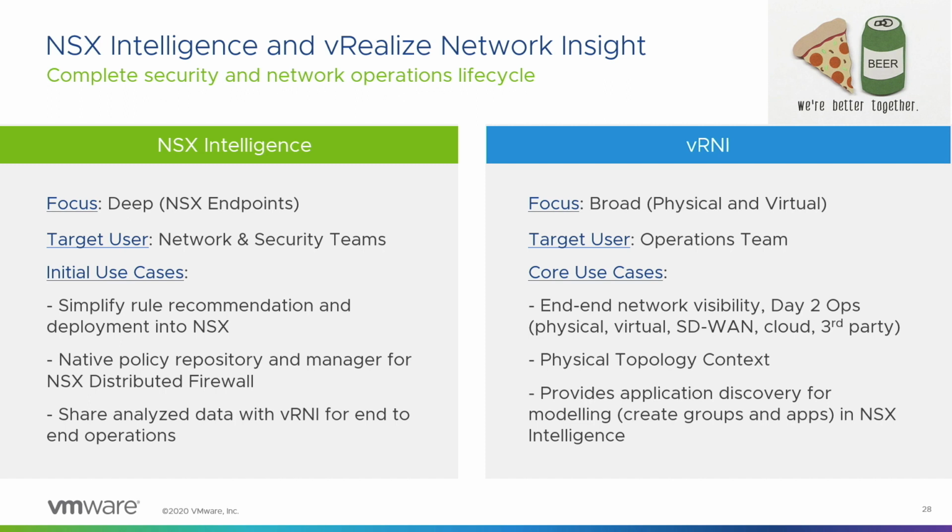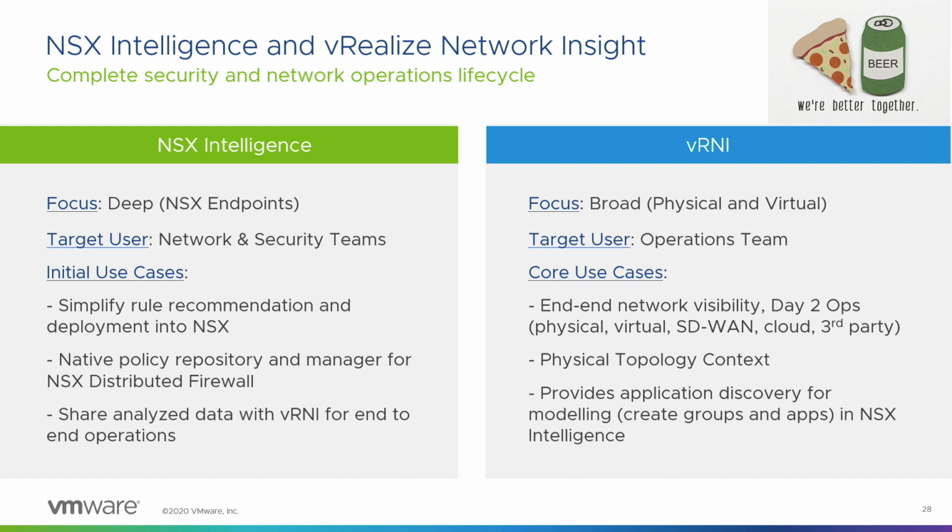It receives IPFIX data already and allows you to visualize logical and physical. The integration we're building is that NSX Intelligence will share our analyzed data with vRNI, so you can get that end-to-end view. It can become that networking console. It's going to be a two-way integration, where vRealize Network Insight will share physical context with Intelligence, so we can factor it into our policy recommendations.